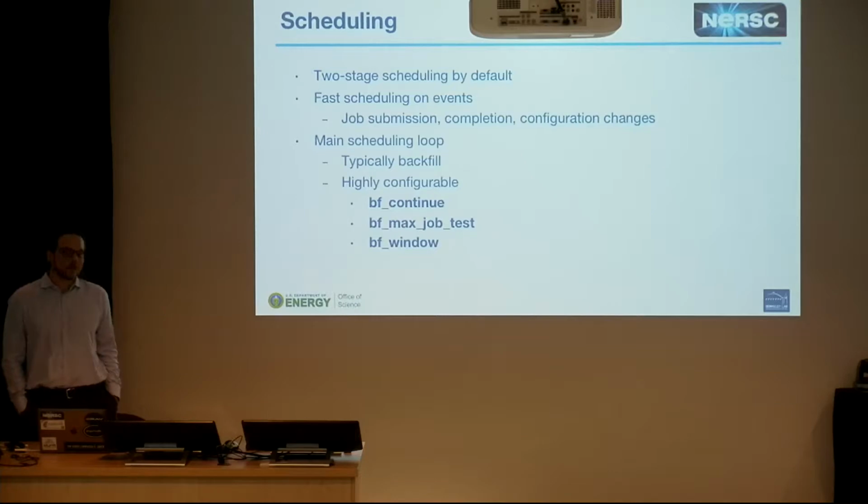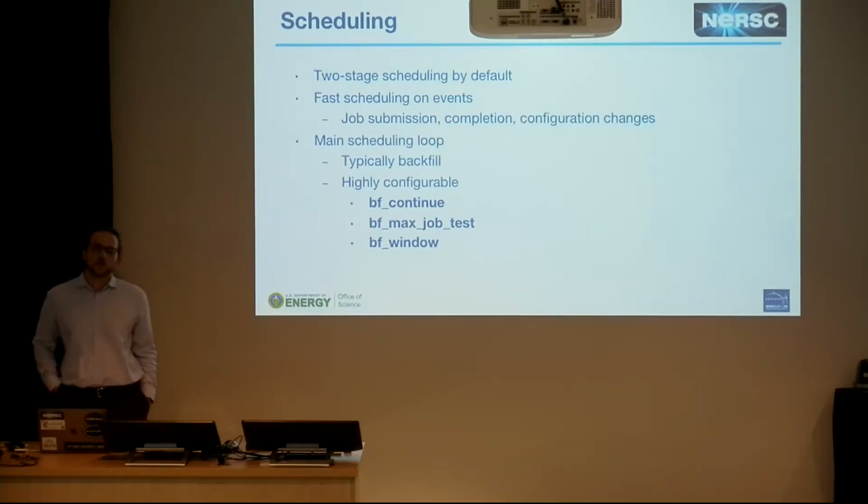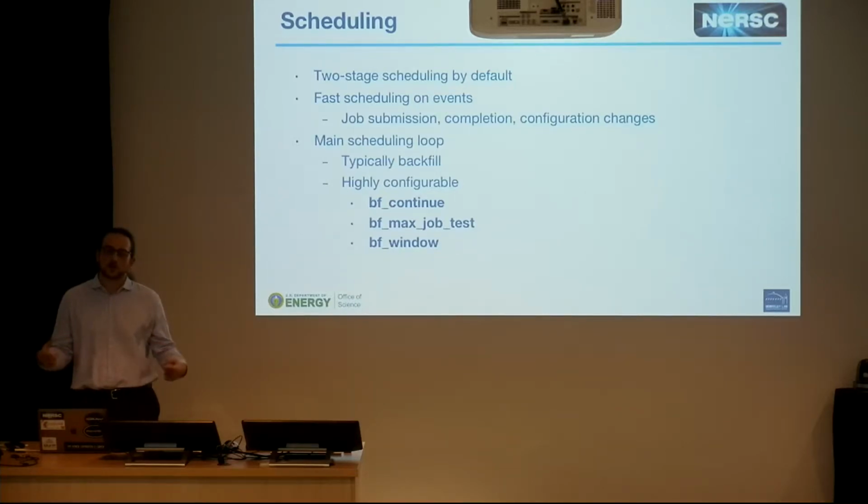Scheduling, that's the main reason why we use a scheduler, so that's pretty important. Slurm by default does a two-stage approach, I'd say. If you submit a job, it's going to quickly try to schedule the job and see if it can run. If it can't, it's just going to sit there in the queue, and if it can, it's going to execute instantly.